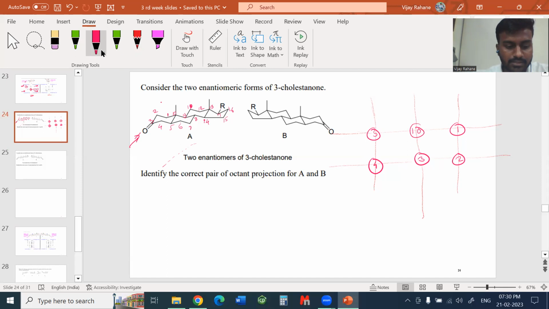Now here what we can see, at carbon 5, this group is attached equatorially. So equatorially means this side, this 6 is attached here, right? And to this 6, the 7th is attached, and the remaining chair we can draw. You can see this 10 is attached to the 9, and 9 is in the equatorial position. For this center, equatorial will be here, so here will be a 9, right?